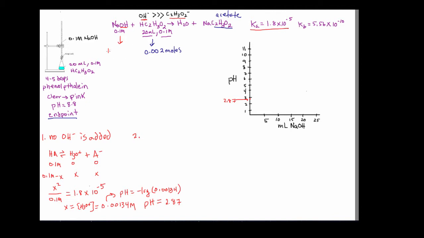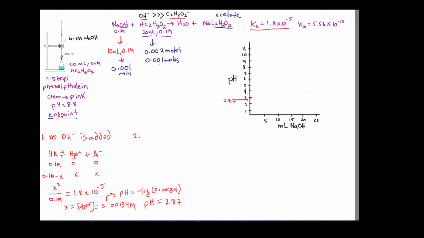That means we're going to need 10 milliliters of the 0.1 molar solution. If you run your calculation, that's an introduction of 0.001 moles of the hydroxide into the collection flask. So that's going to reduce our acid to 0.001 moles.